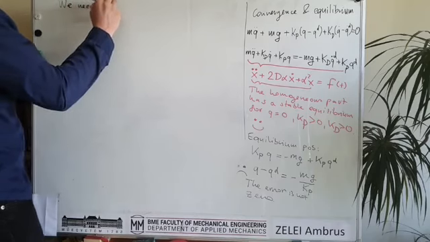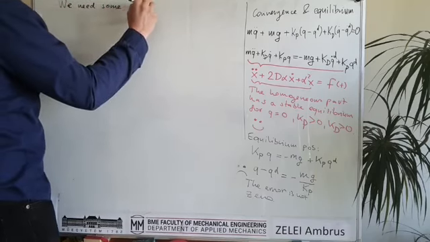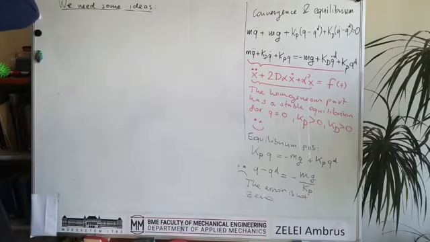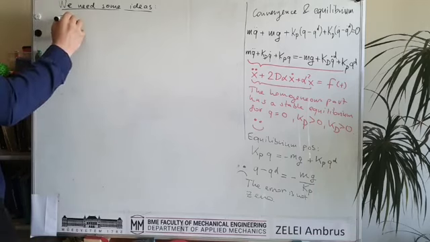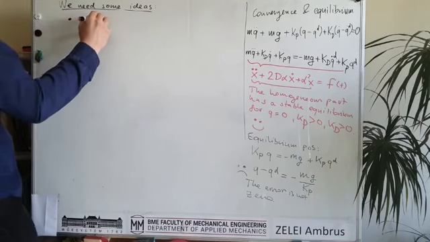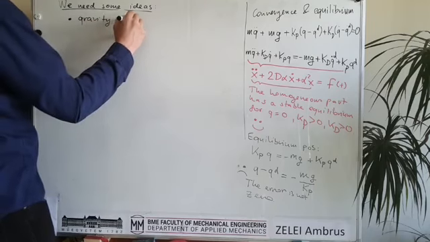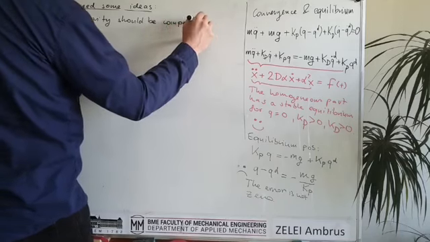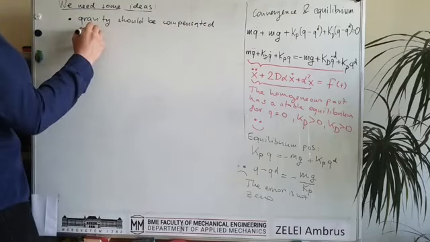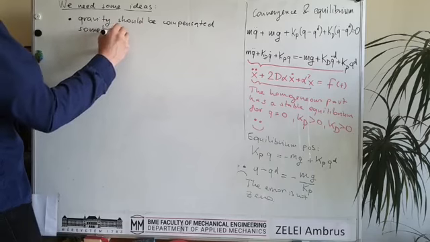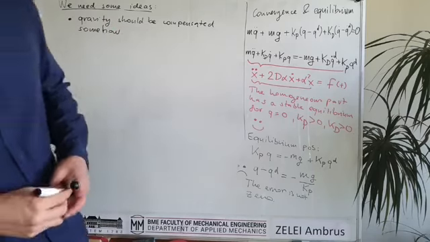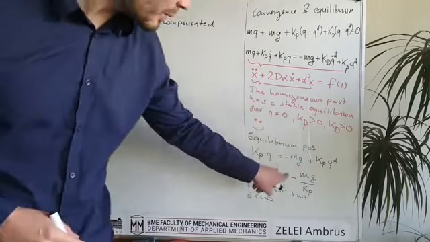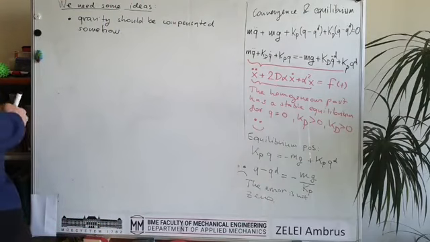The gravity should be compensated somehow, and if we compensate the gravity, then this term will maybe disappear. So we would like to have zero error.